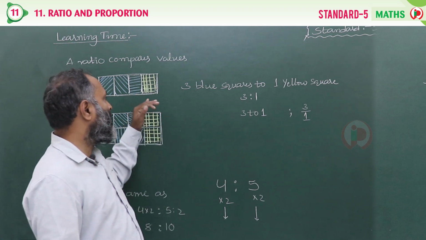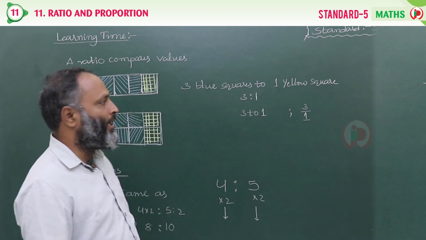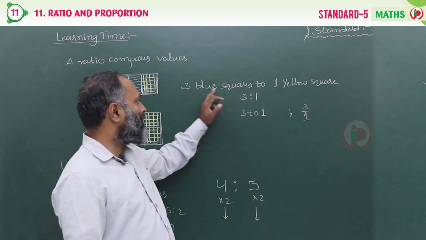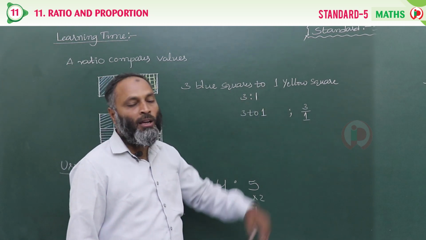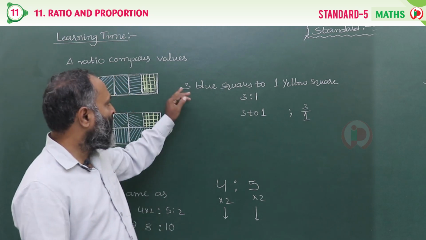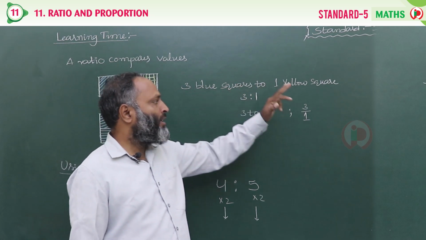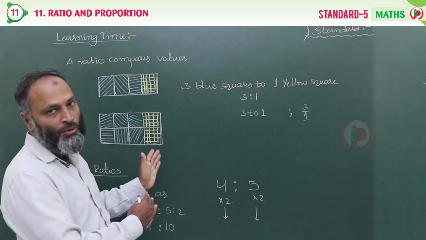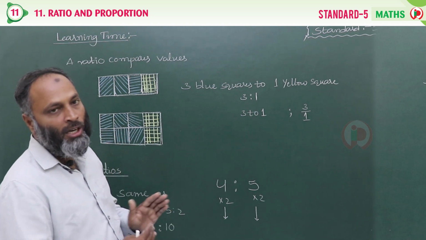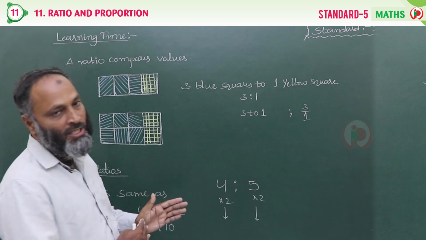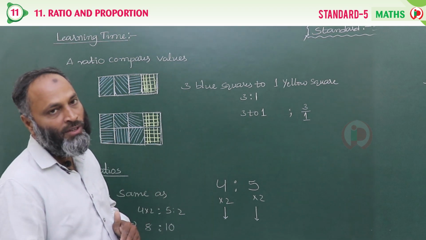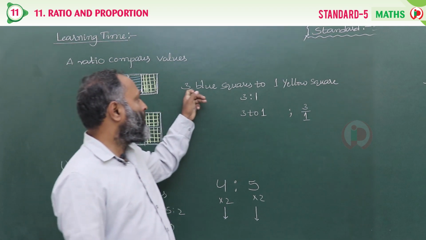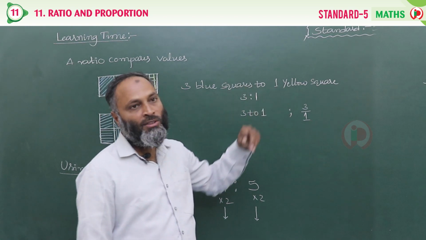Then how to represent this? In a ratio, it is 3 blue color squares to 1 yellow color square. Blue to yellow. How many blue squares do we have and how many yellow squares do we have? 3 blue squares to 1 yellow square.